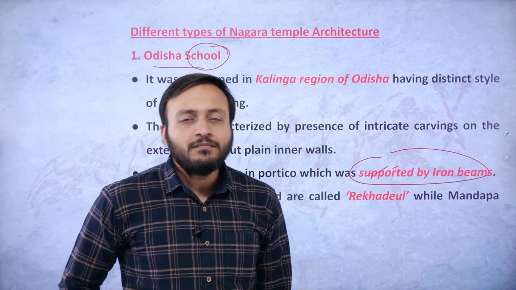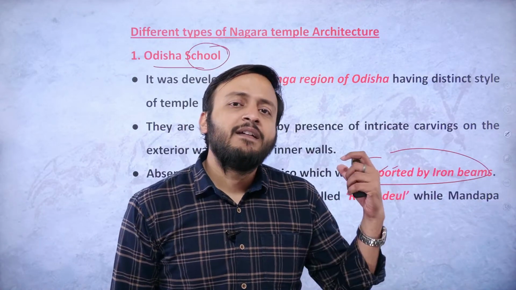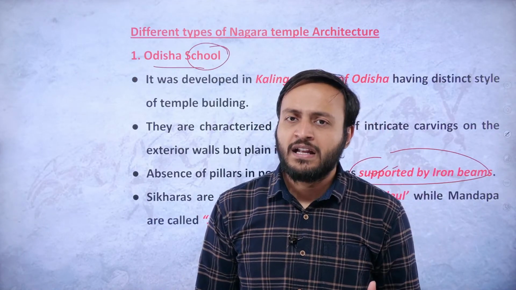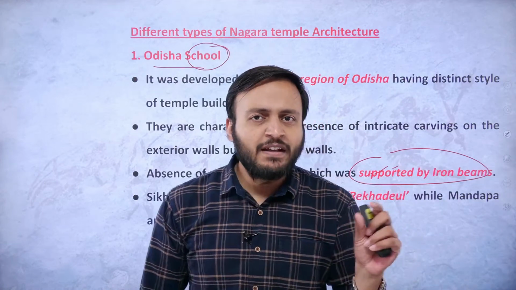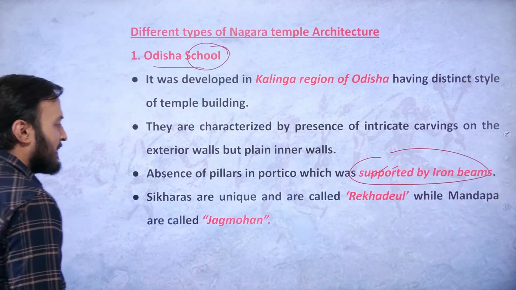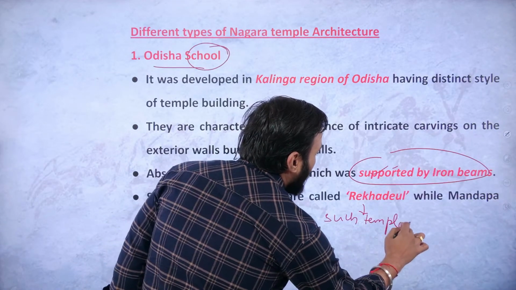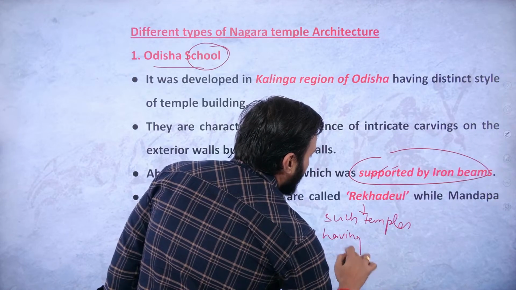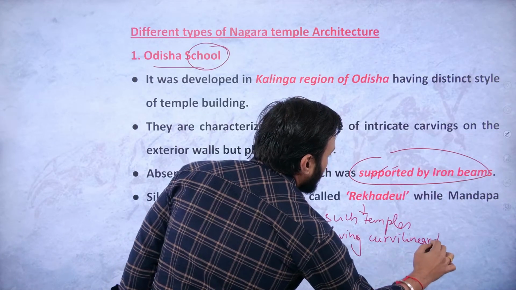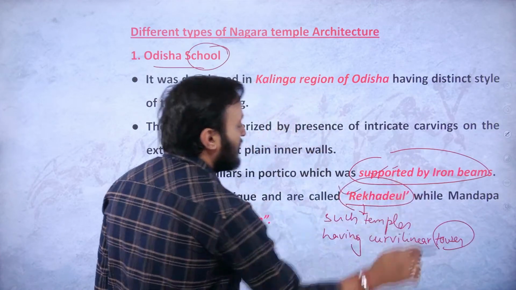Apart from that, if we talk about the specific style of the temple tower, I told you that the tapering and curvilinear towers are the special feature of Kalinga architecture, for which the name given is the Rekha Prasad. And remember that such temples which have curvilinear towers are called Rekha Deula, or Rekha Deul.